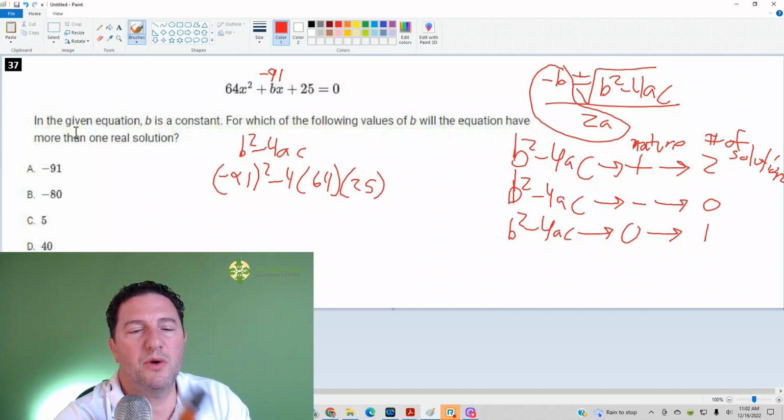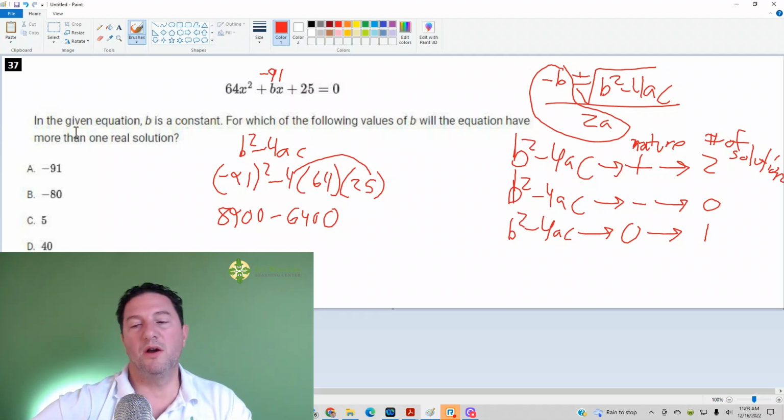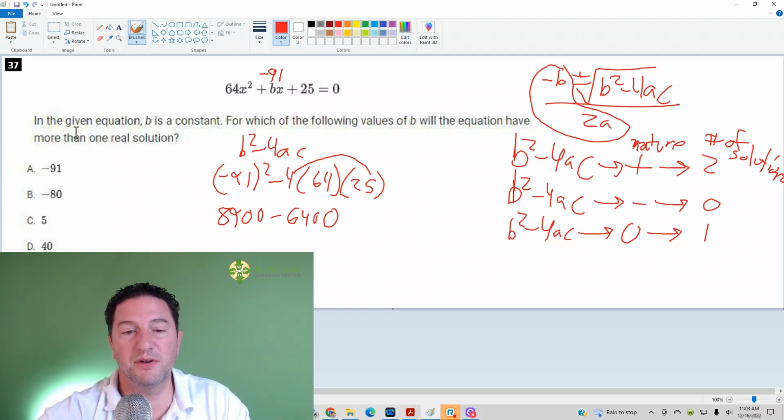So 91 squared, I'm just going to round it to 90, so that's going to be a little more than 8,100. You also have your calculator, so you could do this. If I did 4 times 25, we get 100, times 64 is around 6,400. And so you see that the difference is going to be positive. So that's going to be our answer, because then you'd have positive, which we said was 2 solutions.